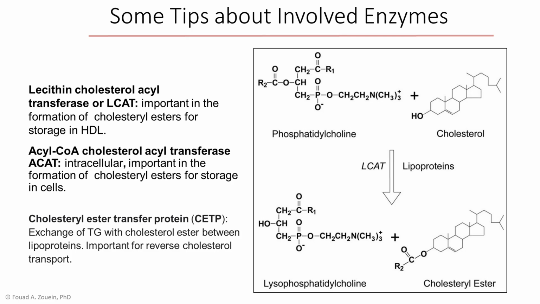However, it's more involved in the formation of cholesterol ester for storage in the cells, not the HDL that is in the circulation. And finally, we have CETP. CETP, as we said during this lecture, is very important in reverse cholesterol transport, and its role is to facilitate the exchange of cholesterol ester and triglyceride between lipoproteins.